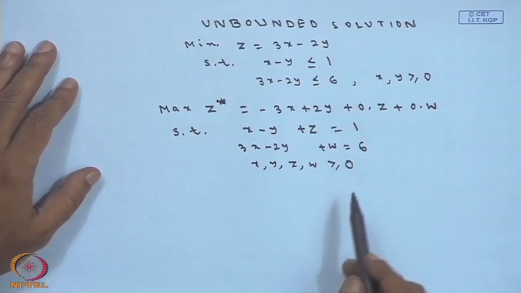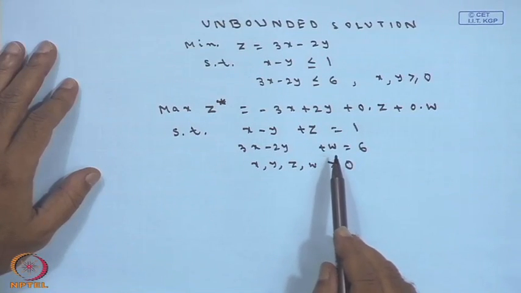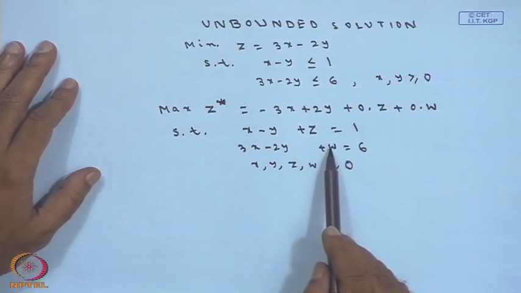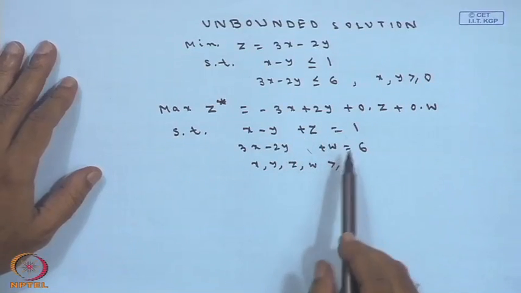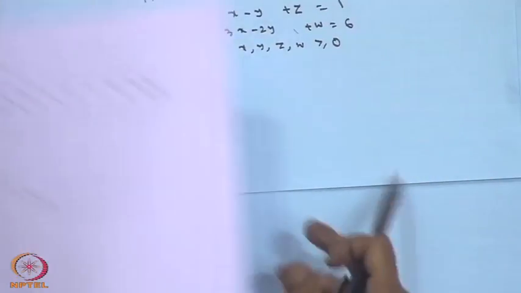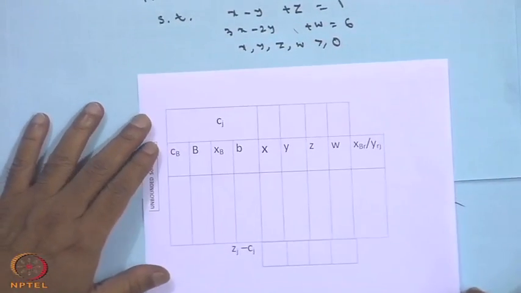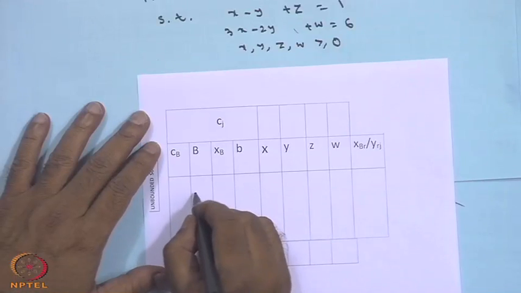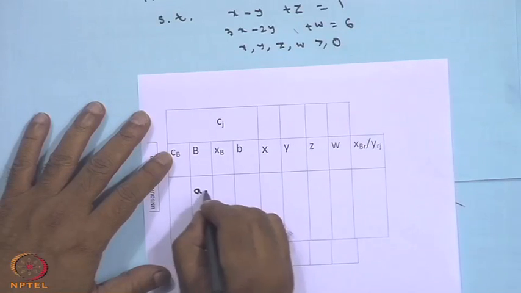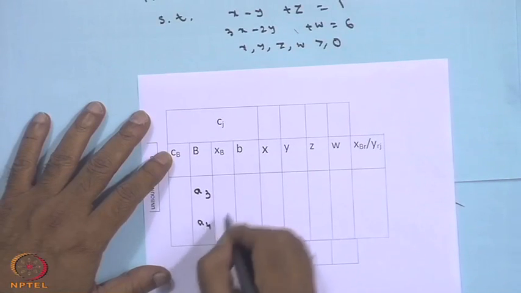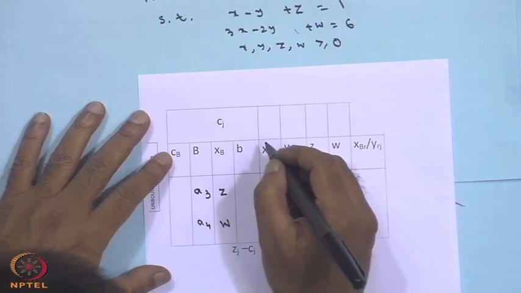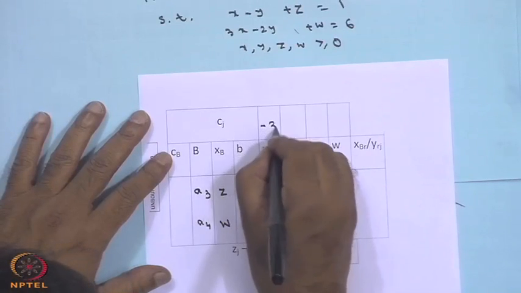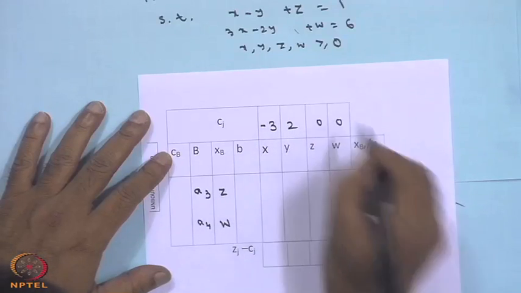So, in the initial simplex table your basic variables will be z and w, so that this forms the identity matrix. Here the basic variables are z and w. Your C j is minus 3, 2, 0 and 0.